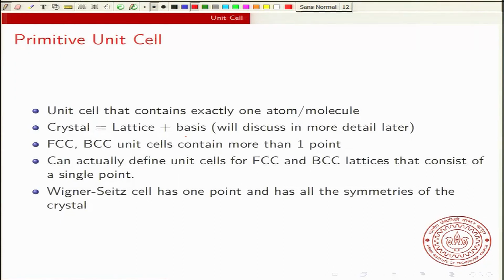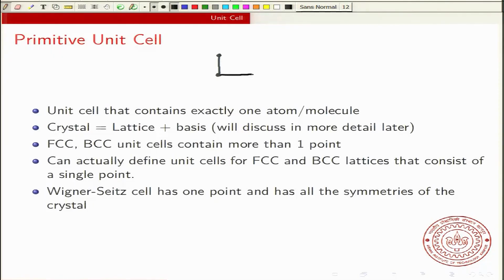But let us just try to go ahead with this unit cell. Notice that if you take the FCC or BCC unit cells, they contain more than one point. All of you would have heard of an FCC, which is actually a lattice.